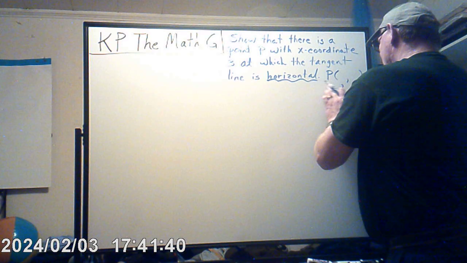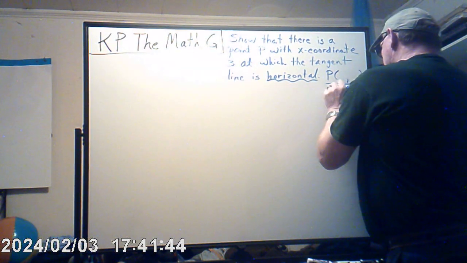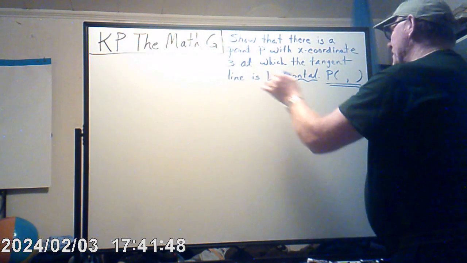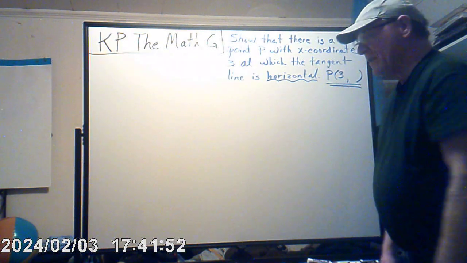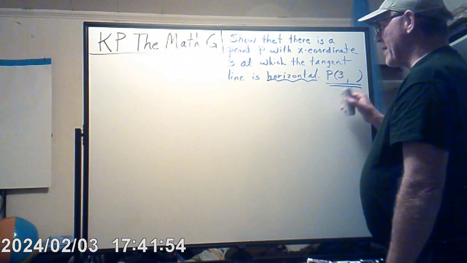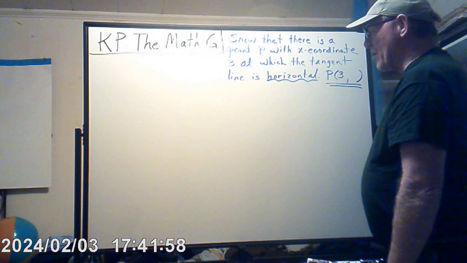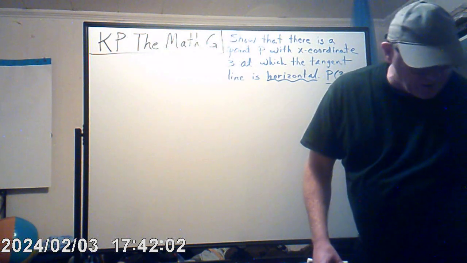So it's asking for the ordered pair. Well, we know that the x value is 3. We already know that. We just need to find that y value, don't we?